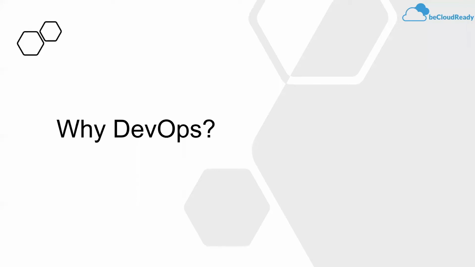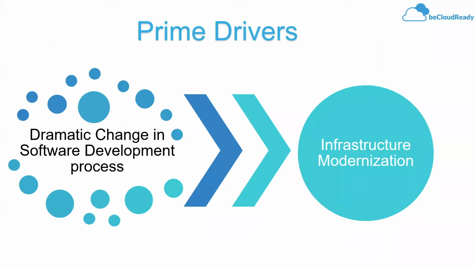So I will take you through the step-by-step process of what DevOps is. Before actually becoming a DevOps engineer, you need to know what it is. So if I go to the next slide, basically the prime drivers of DevOps in the market are two things. One is the dramatic change in the software development process, which has been happening over a decade now.